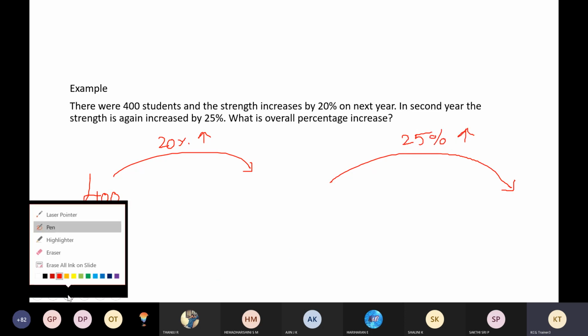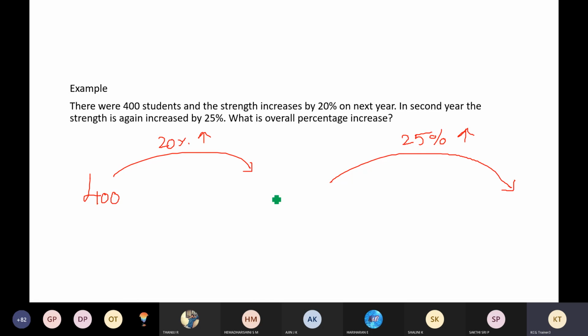First tell me, guys, if there is a first 20% increase, what is the new value? After a 20% increase, what is the new value of 400? Or can I say 400 into 120 by 100? Yes, you can do that.